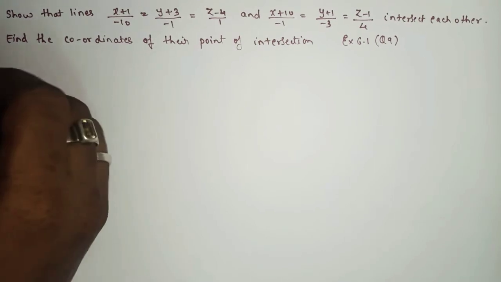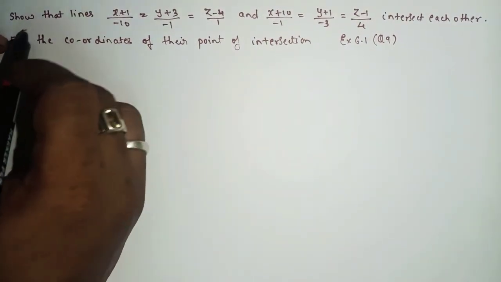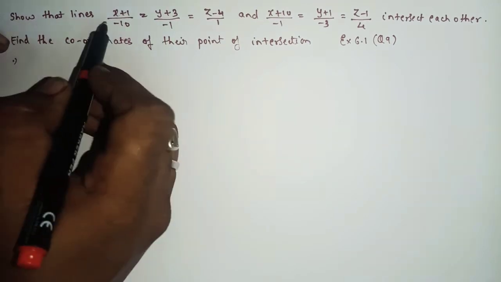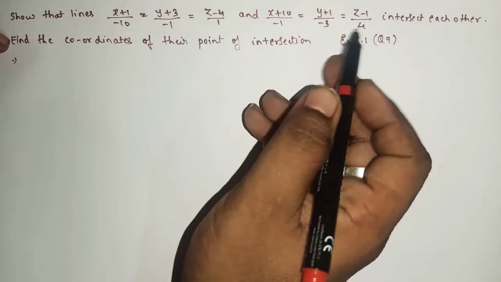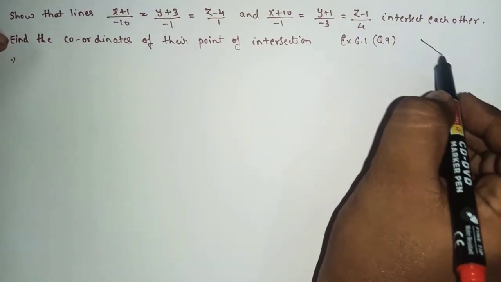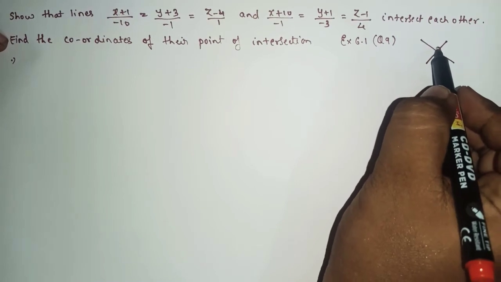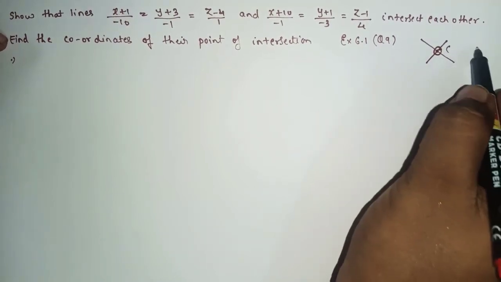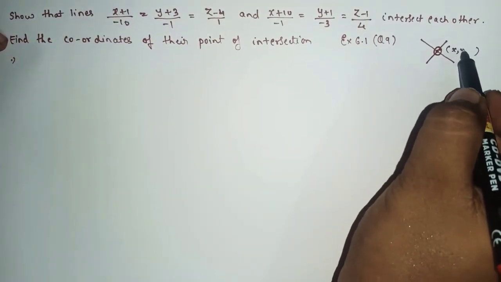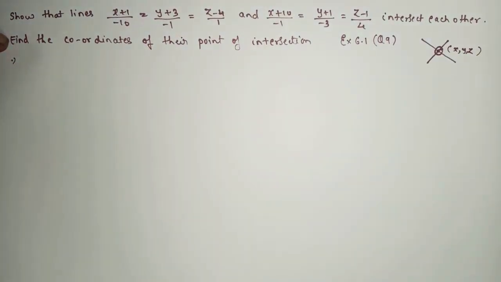So here we'll start writing. One thing is, to show that these two lines intersect each other: when two lines intersect each other, their x, y, z coordinates are the same, yes or no? That is a simple concept.